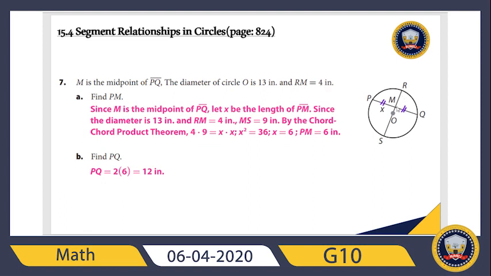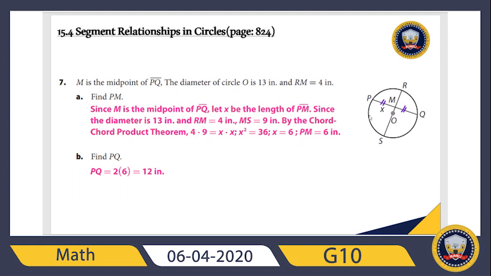RM is 4. Now, what is MS? I don't know MS, but I know that the diameter is 13. So MS is 13, the total, minus 4. That is 9. So RM multiplied by MS is 4 multiplied by 9.